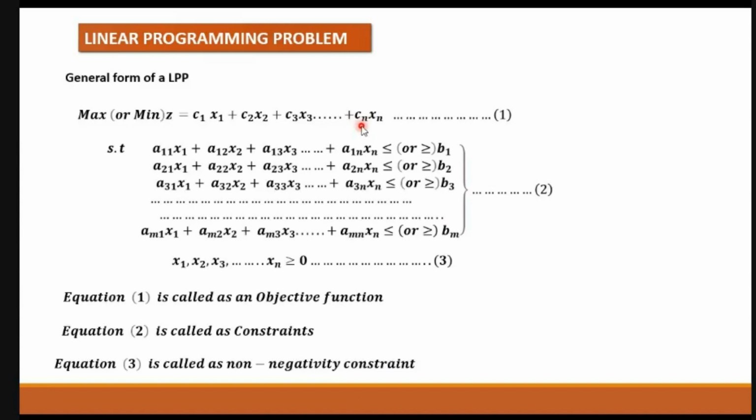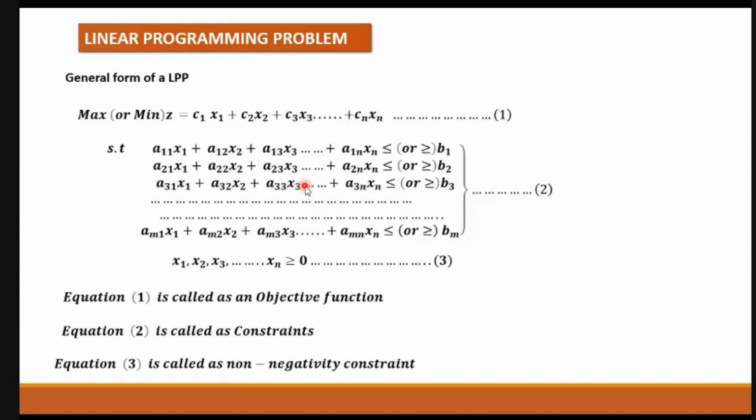Now, any values of x1, x2, x3, etc., xn satisfying equation 2, there are n variables here, x1, x2, x3, etc., xn. Any values of x1, x2, etc., xn satisfying equation 2 or the constraint is called as the solution of a linear programming problem.